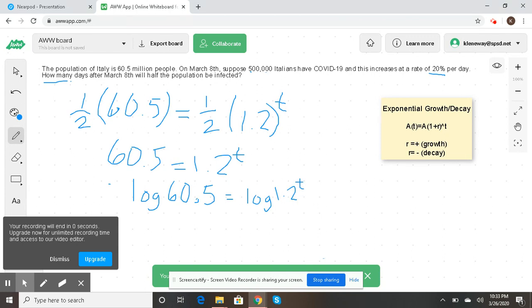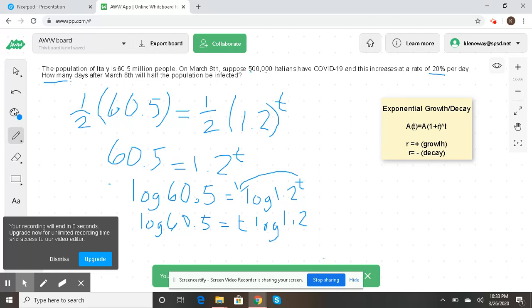Now, a property of logarithms you might remember is that you can take this t, and instead of having it as an exponent, you can multiply it out front. So I can say this is the same thing as log of 60.5 is equal to t now times log of 1.2.